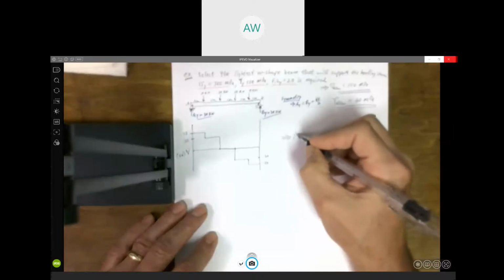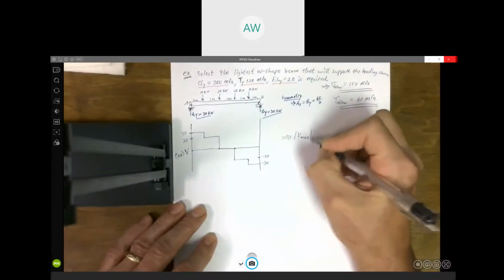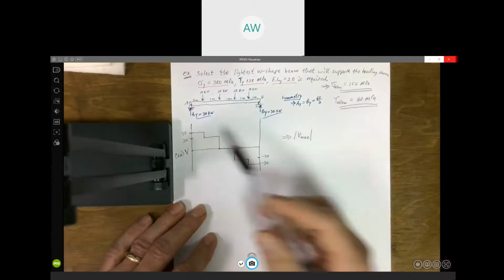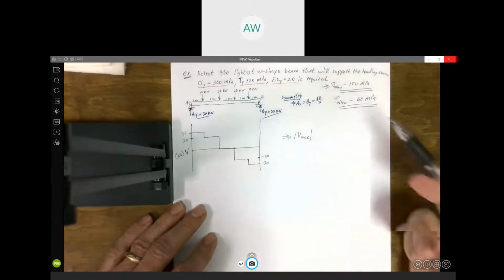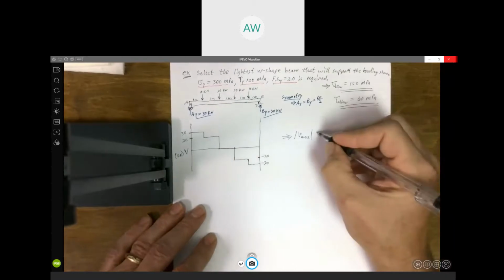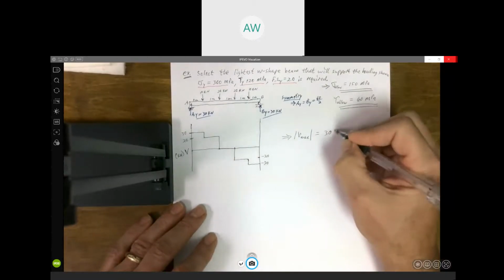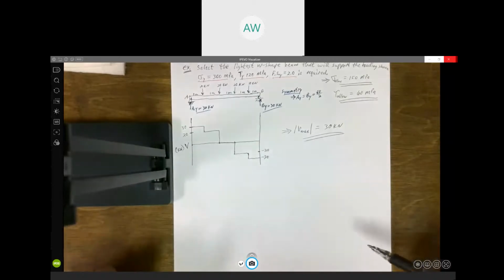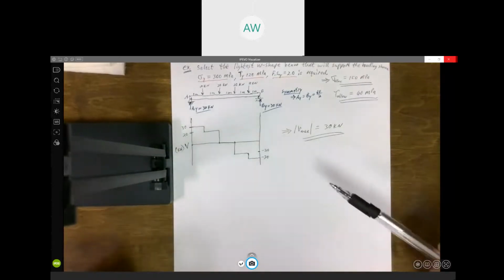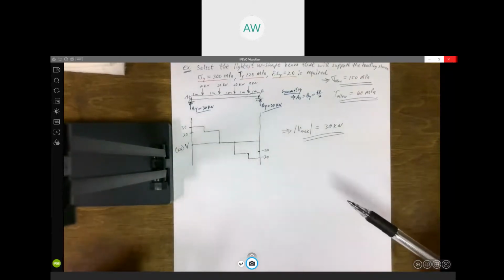So I know Vmax, in this case, it's the same positive or negative, the same magnitude, but if one was bigger than the other one, that's what you want, the largest magnitude, 30 kilonewtons. Quick, simple, easy. Shouldn't take you more than a minute to do that.